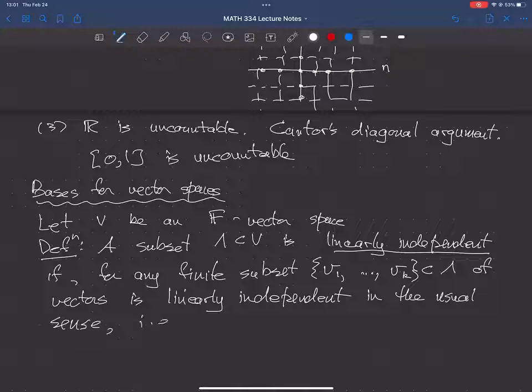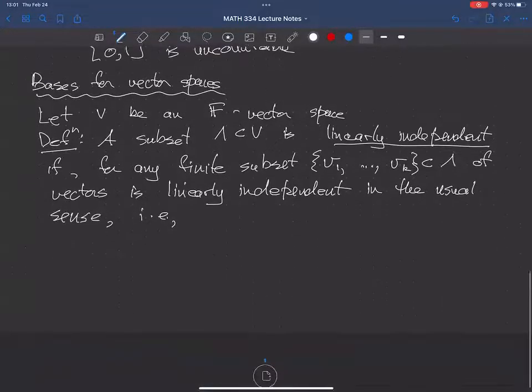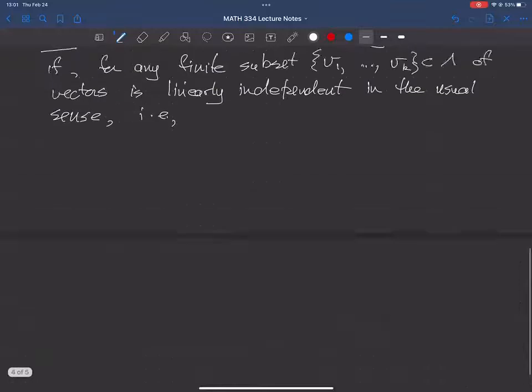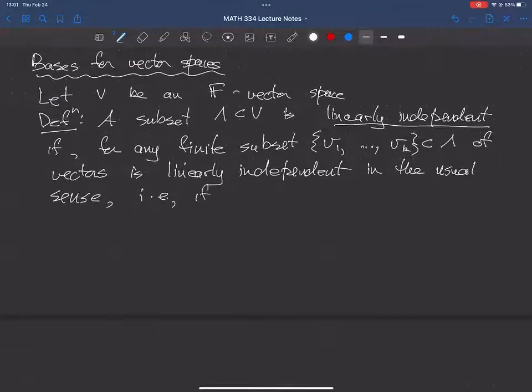And so what that means, you remember, is that if I take any linear combination of these finitely many vectors, like so, that implies that the coefficients must be equal to 0.